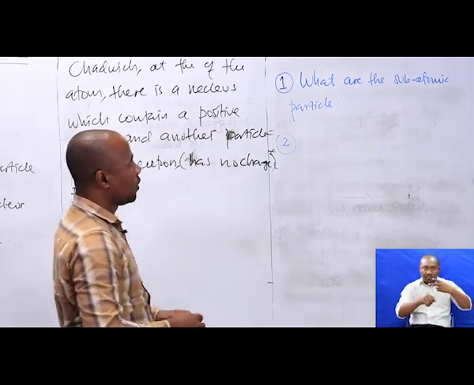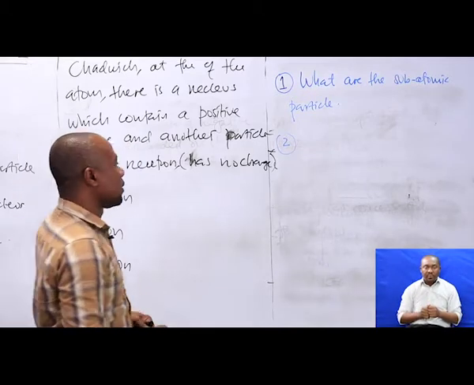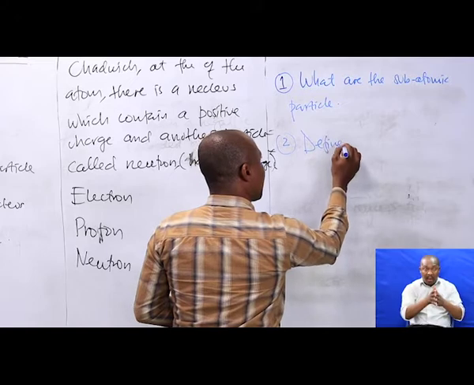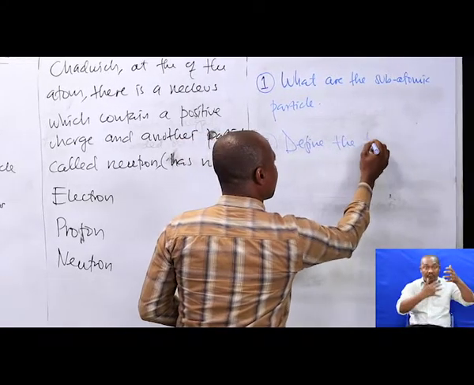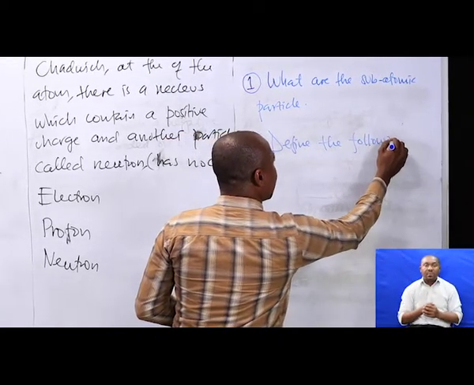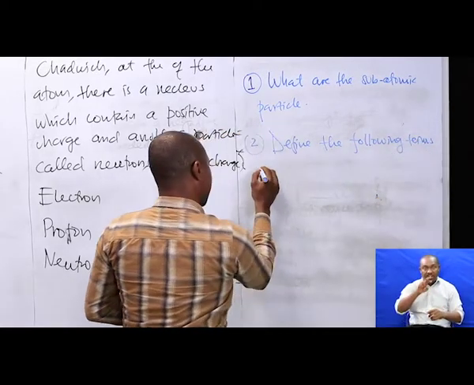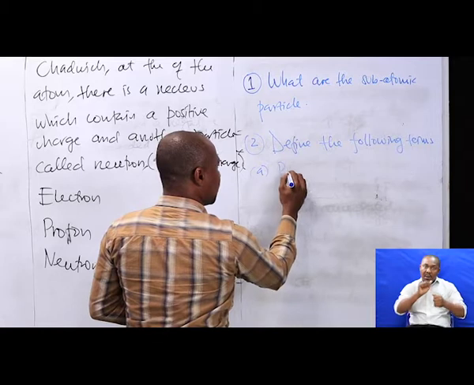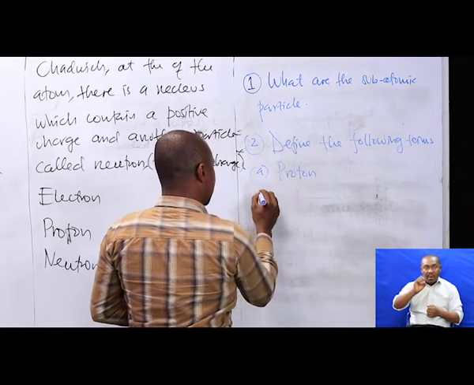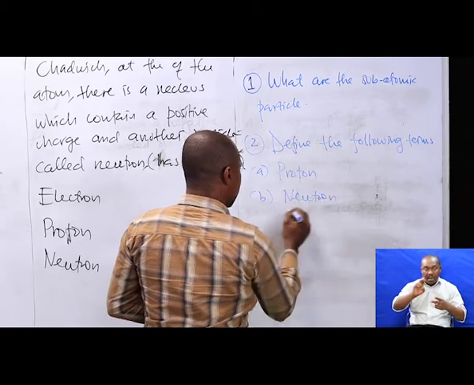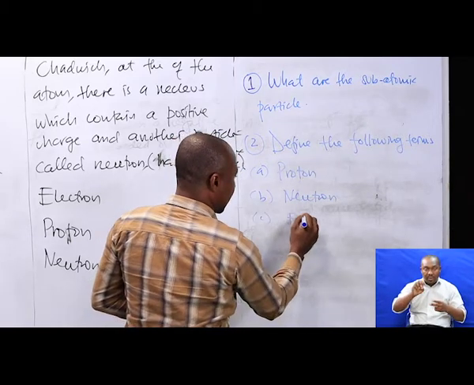Second, define the following terms. A, proton. B, neutron. C, electron.